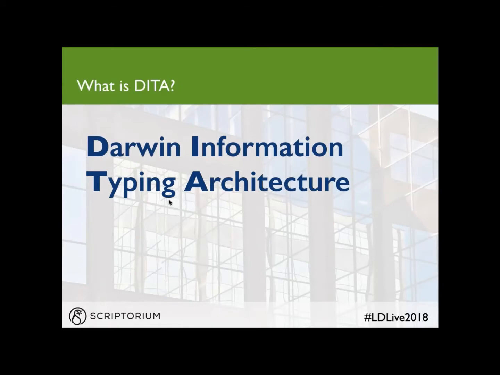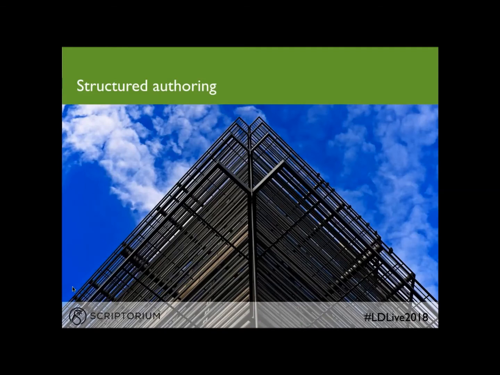DITA is an XML-based, tool-independent way to create and organize content. And not only that, but it's a way of creating structured, topic-based content that exists separately from its formatting. So let's break down what that means. We're going to do that by starting with the concept of structured authoring.